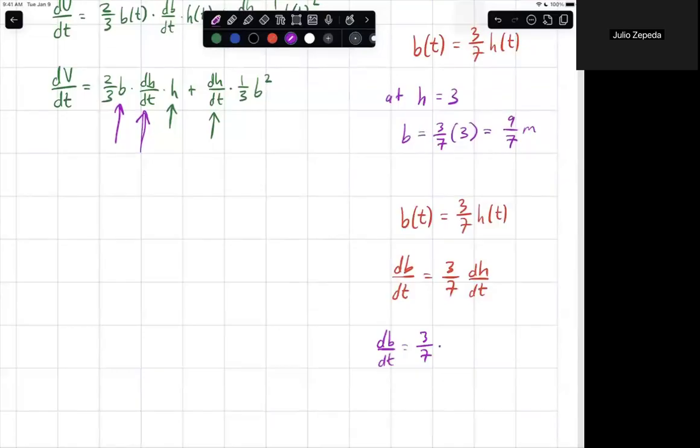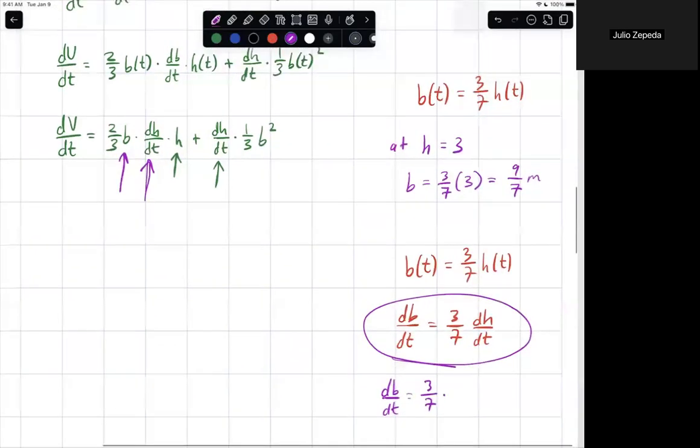Oh, that was actually not given, right? That's what we're trying to find. So in this case, you'll just make the substitution: we can replace db/dt by 3/7 dh/dt and then solve for dh/dt.